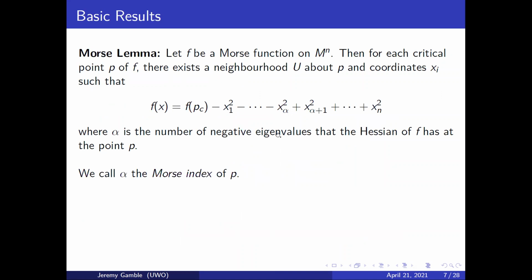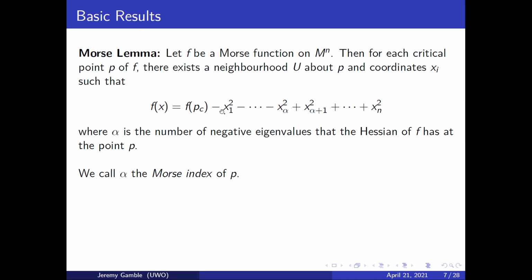Okay, and now we need a couple basic results from Morse theory. The first one is called the Morse lemma. This basically says that the second order Taylor expansion for a Morse function around a critical point is perfect if you pick a suitable neighborhood.